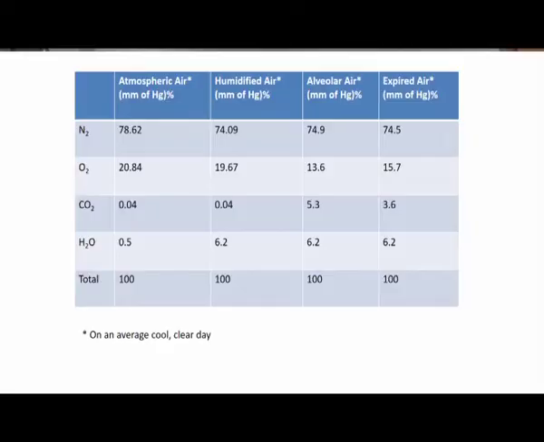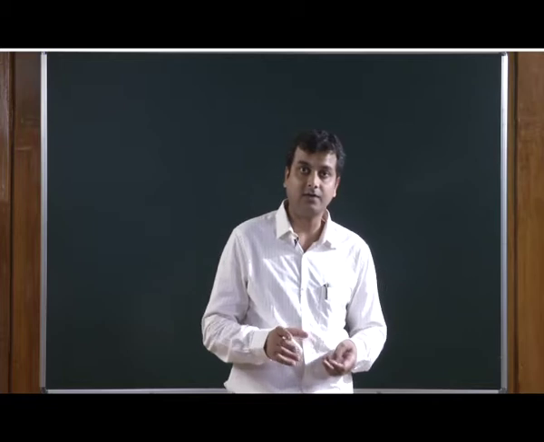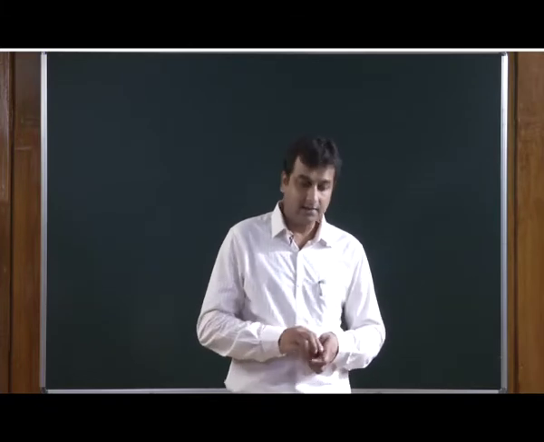Next is the alveolar content, which is quite different from both the atmospheric and the humidified air. And lastly, one can see the expired air in the slide. This is just a nutshell idea about the gaseous elements present in atmospheric air and in the alveolar cavity.